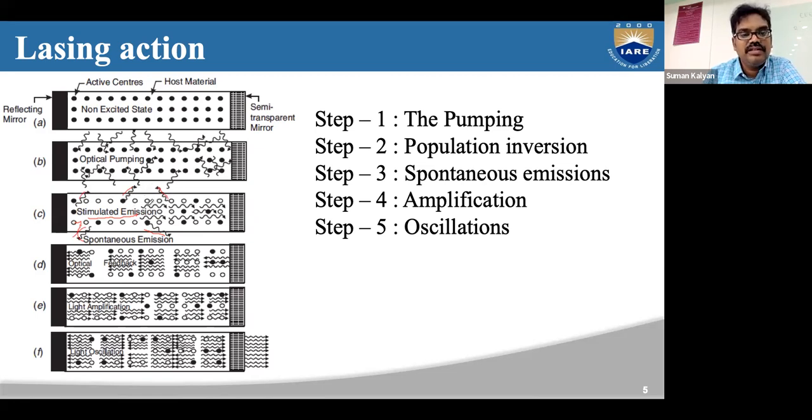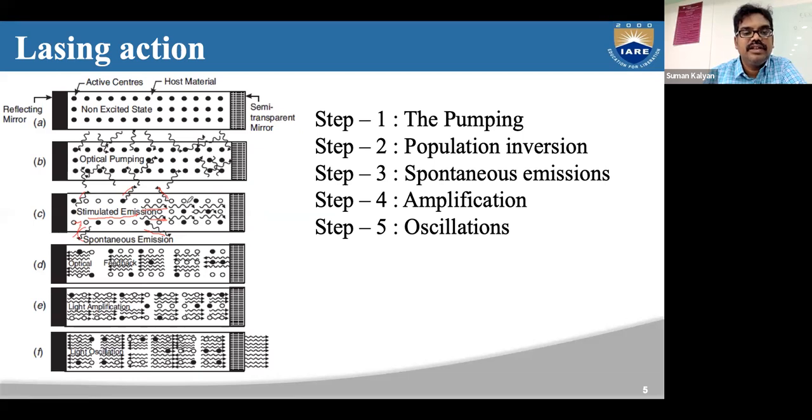But of course, there are some photons, which also happen randomly, that are parallel to the optical axis of this cavity. So these photons will be selected.